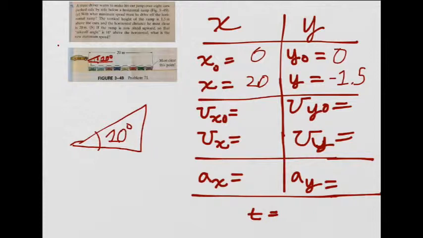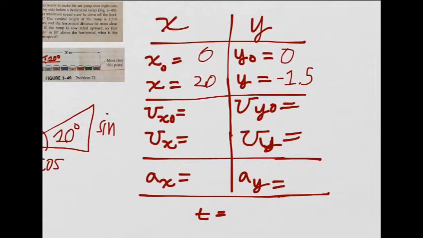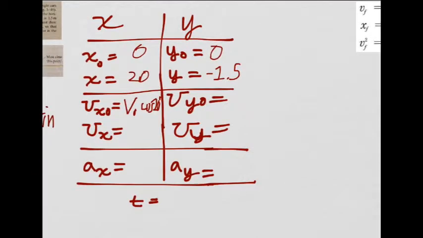Pretty much, the x is going to be cosine, and the y is going to be sine. So if we do our trigonometry, the initial velocity of x is going to be initial velocity cosine of 10 degrees, and the initial velocity of y is going to be initial velocity times sine of 10 degrees.